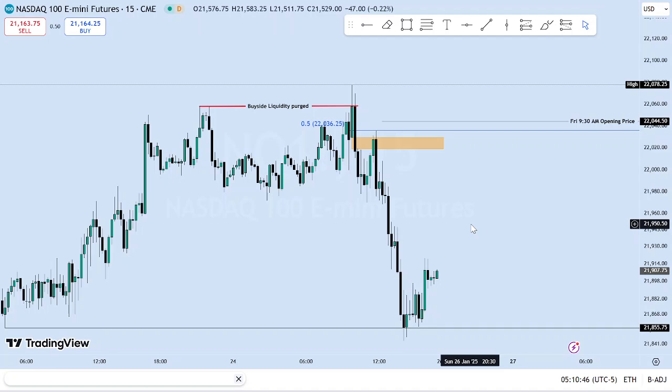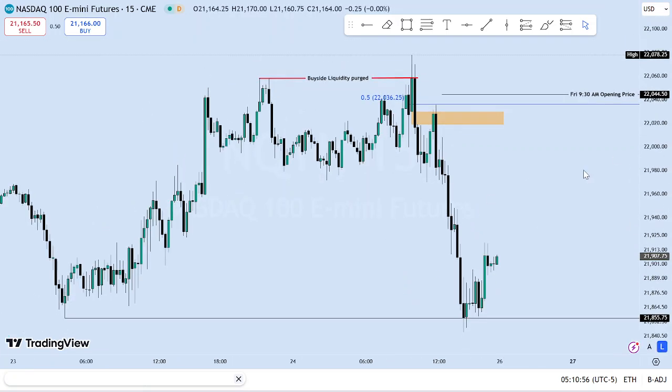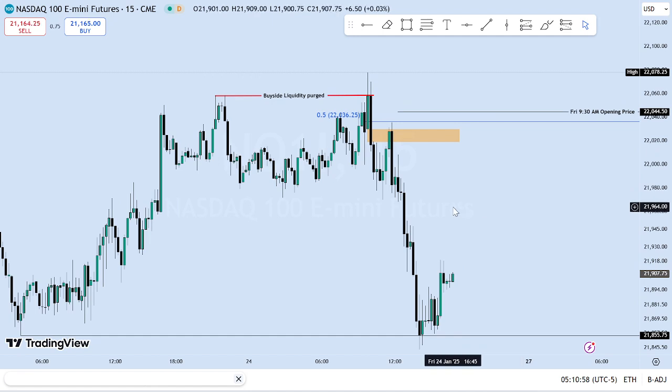First of all, you need to have a narrative of where price is going. You have to have a narrative of where price is going, the price movement, which liquidity it is going to seek, and which inefficiency it is going to deliver into.